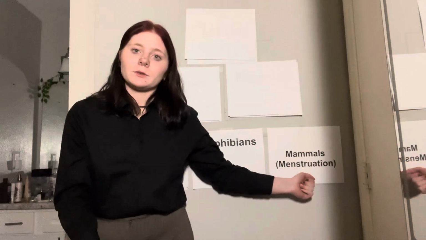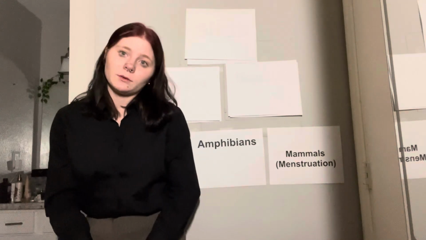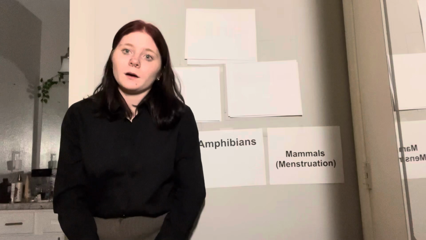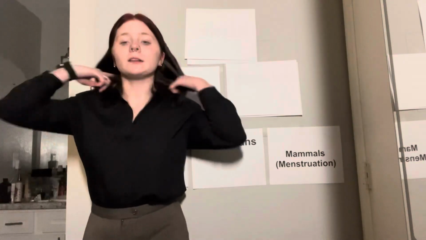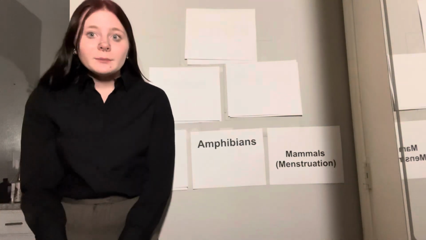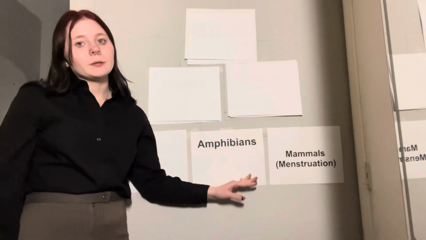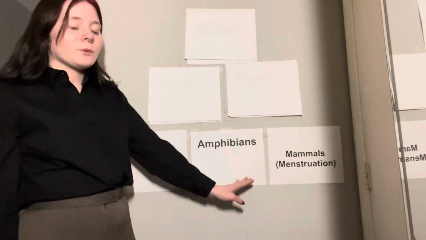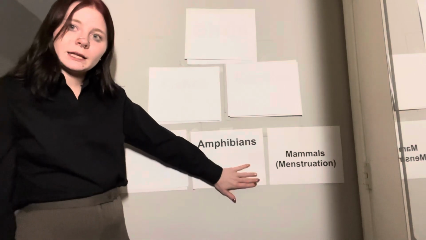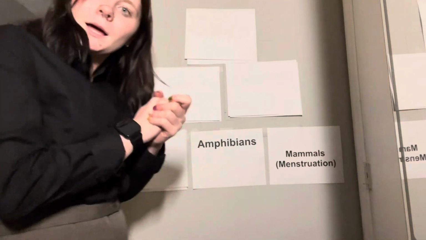They're pretty well known. We can perform artificial insemination on them because they do have such a similar cycle to humans. Obviously humans have been studied for a long, long time, so we know a lot about the menstrual cycle. Amphibians, we don't know that much about, and we're not as successful in breeding them in captivity.